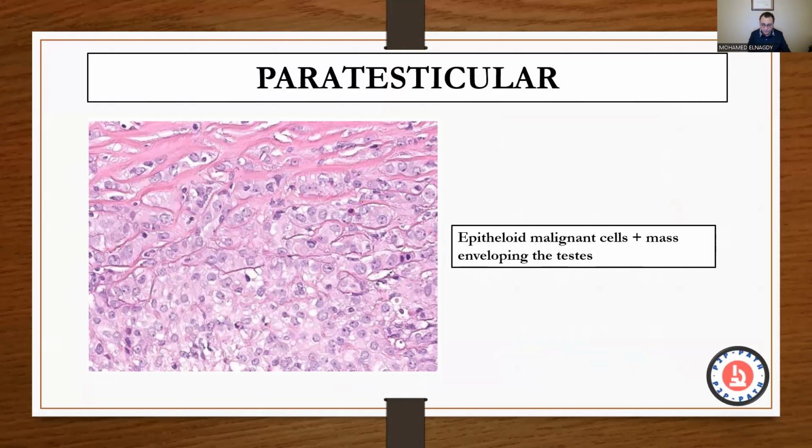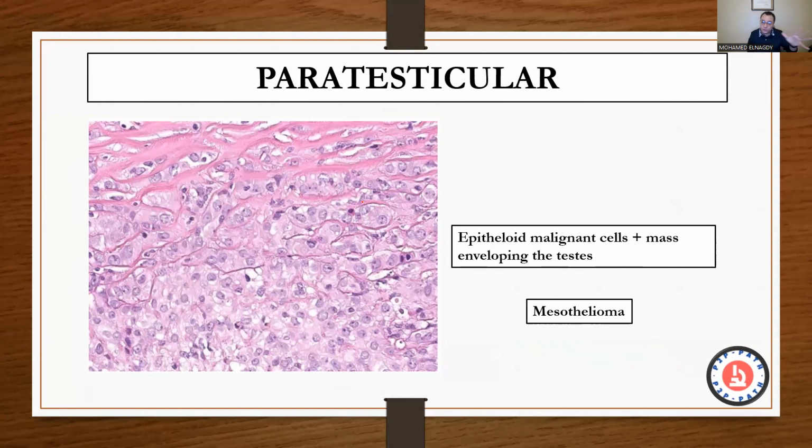This is a paratesticular mesothelioma, not really high yield. I didn't see it that much in Q-banks. However, it looks like the mesothelioma of the pleura, having these epithelioid malignant cells, and it says always the mass is completely enveloping the testis.